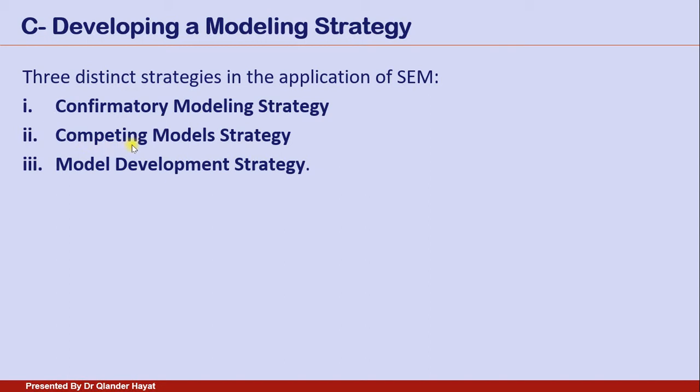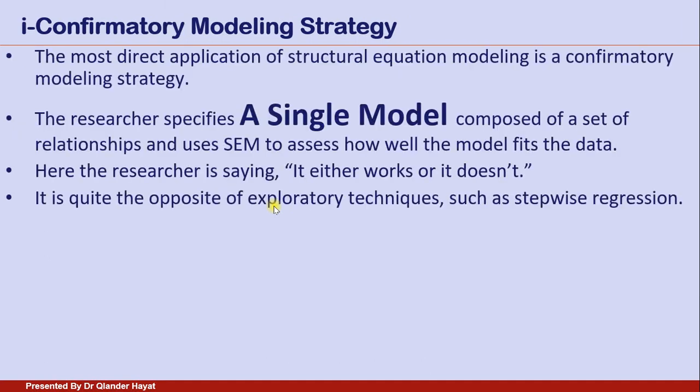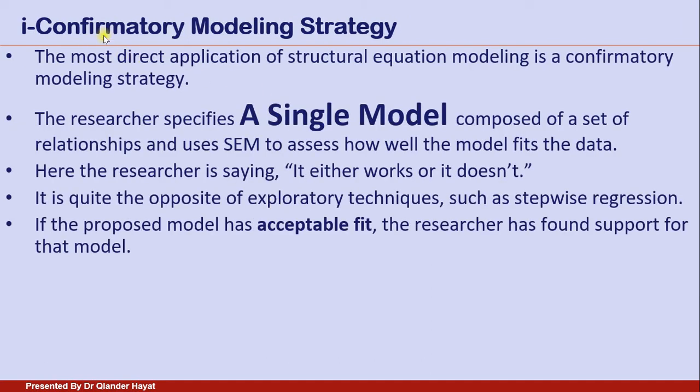The second is that we compare multiple models and find the best model from all of them. The third one is the model development strategy. It means we initially develop a model based on certain theory, and then based on modification indices we develop our best model. So these three modeling strategies are used, as I have told earlier.